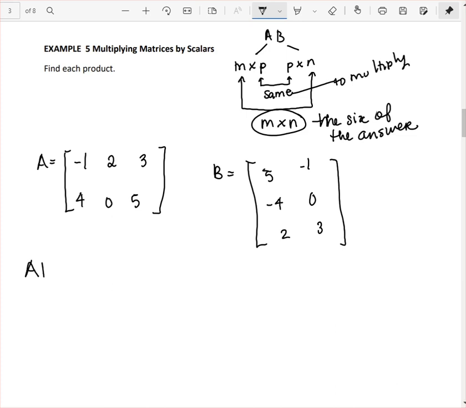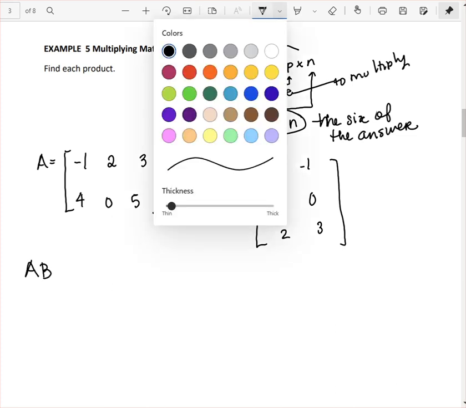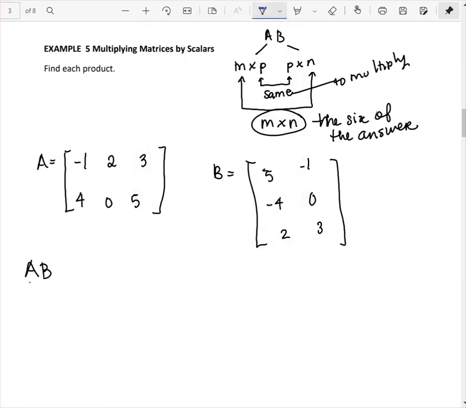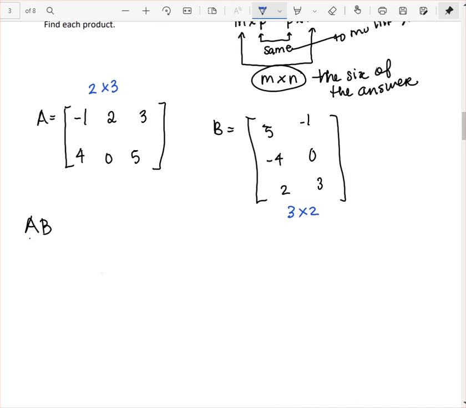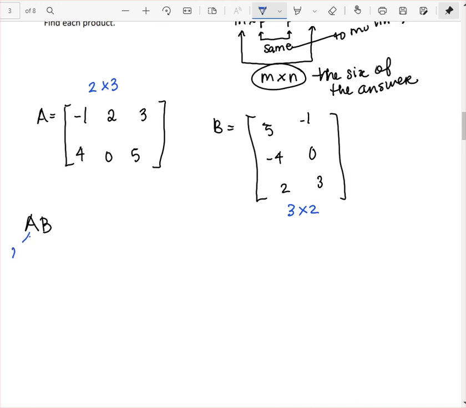If they ask you to find A times B, for example, we're going to get the order. The order of this one is 2 rows by 3 columns. And this one is 3 rows by 2 columns. So the order of A is 2 by 3, and the order of B is 3 by 2. You see that this here in the middle are the same? That means we can multiply them.